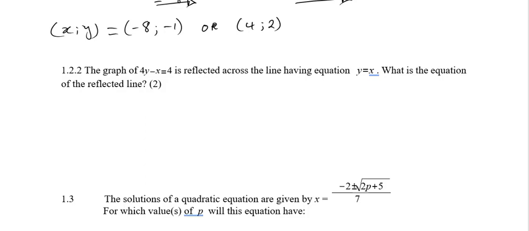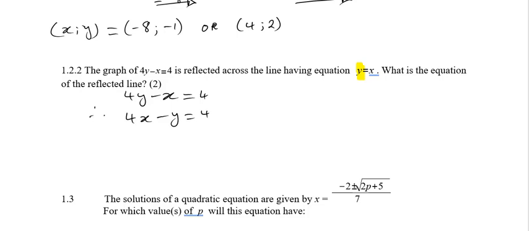We are given the linear equation 4y minus x equals 4. When reflecting across the line y equals x, where there is y you put x, and where there is x you put y. So in 4y minus x equals 4, after the reflection, we write 4x minus y equals 4.